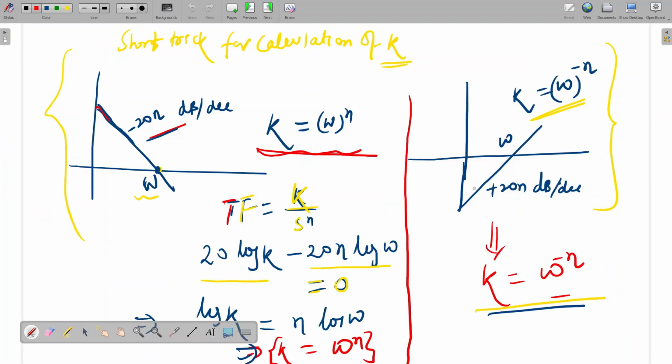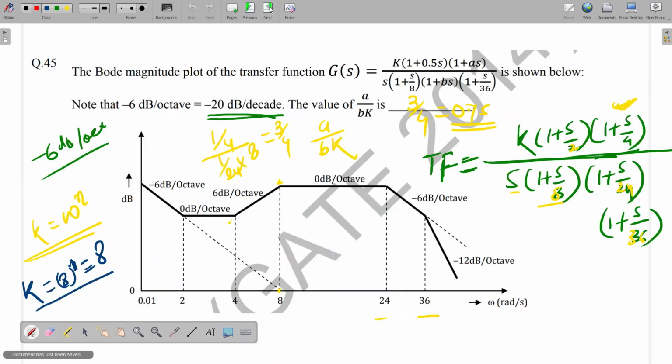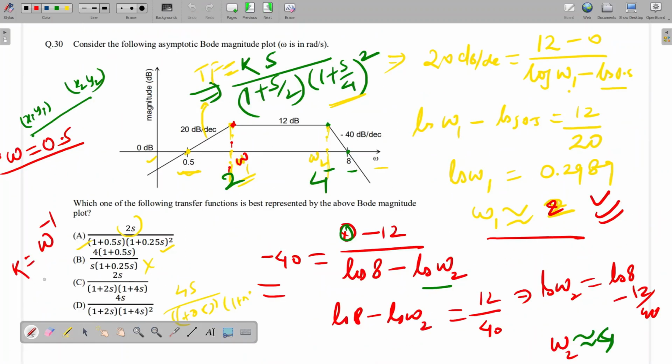If this kind of system is there and 20n dB per decade slope is there, then k will be equal to omega to the power minus n, for this kind of k omega to the power n. So directly you can find the k value. K is equal to omega to the power minus 1, and what is omega? 0.5. So 0.5 to the power minus 1 is 1 by 0.5, which is equal to 2. So what is the k value? 2. Is it clear?